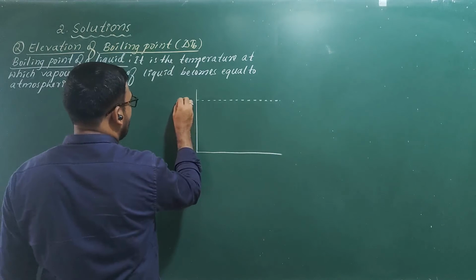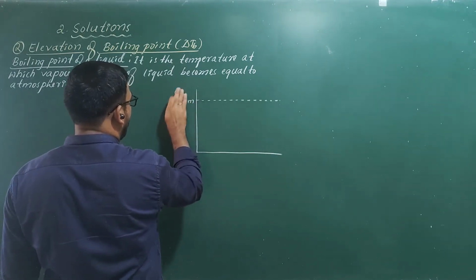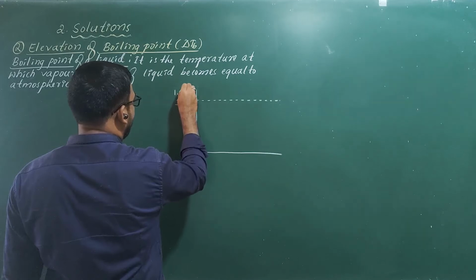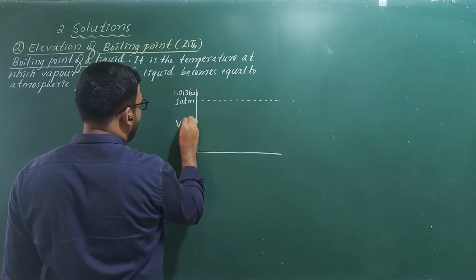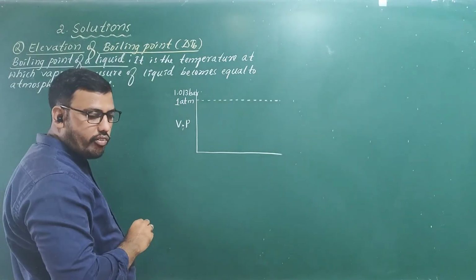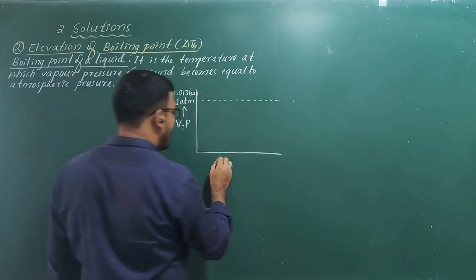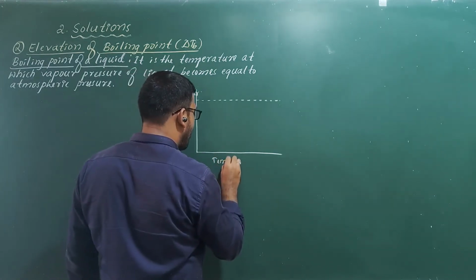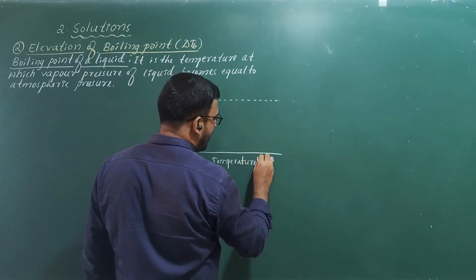Say it is 1 atmosphere. 1 atmosphere is nothing but 1.013 bar also. I have taken vapor pressure along the y-axis, and temperature in Kelvin along the x-axis.